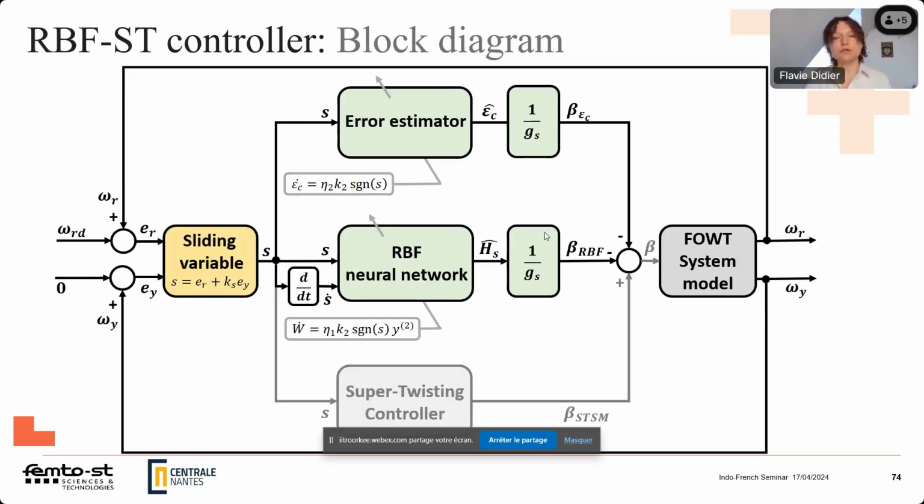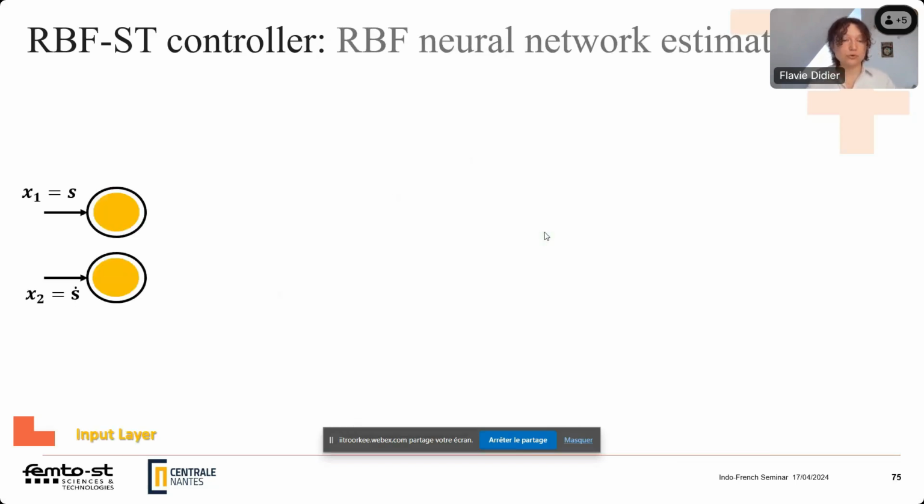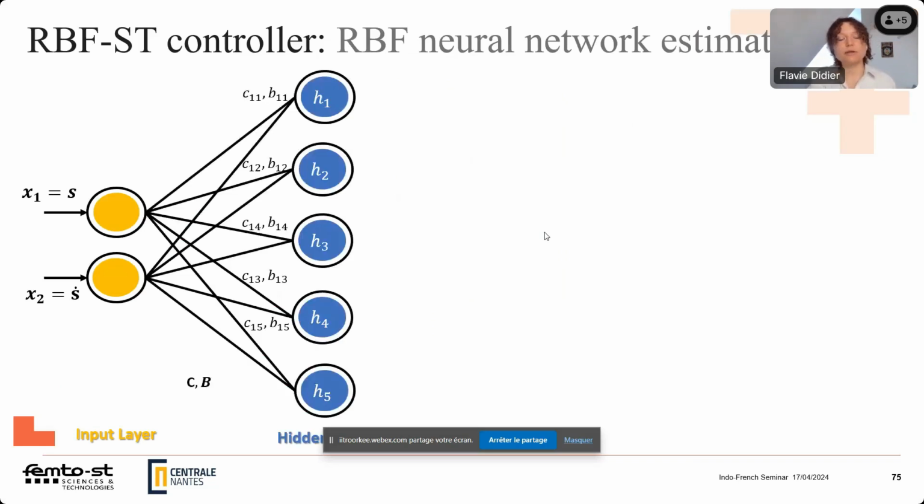So first, let's look at the error estimator and the neural networks. For the neural network, we have two nodes for the input layer. So we take the sliding variable and its derivative. Then we have the input layer and the hidden layer, with the parameters in between being the Gaussian parameters, so the center and width of the Gaussian function, and the activation function of each node is a Gaussian function.